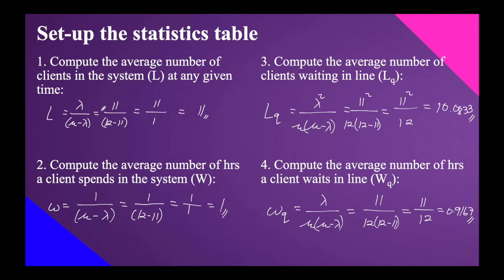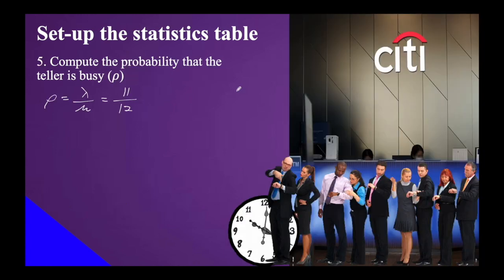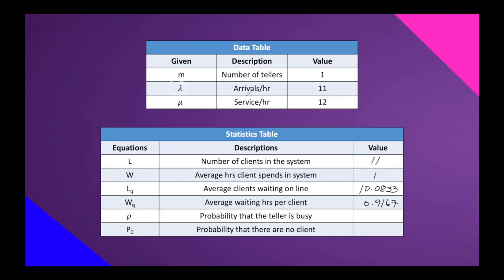O, kung titingnan natin, pareho, no? 11 over 12. So, meaning to say, that is also equal to 0.9167. Or, this is equivalent to, in percentage, 92%. So, lagay natin sa ating statistics table, 92%.